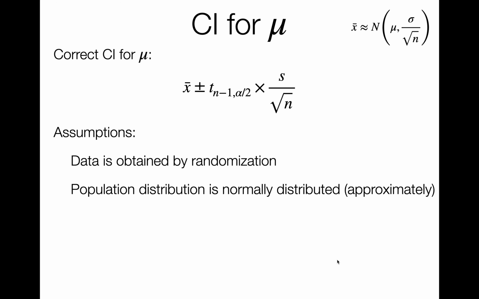And then the different one is that here we want to assume that the population distribution is normally distributed. Now, that is a hard assumption to satisfy, especially with the knowledge that we have right now. So, and you'll be a big fan of this, we're just going to blindly assume it and move forward.